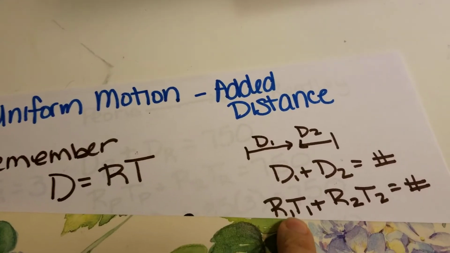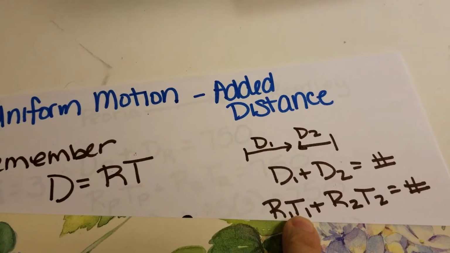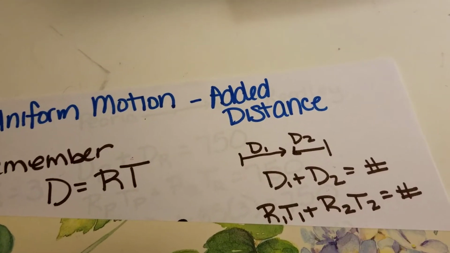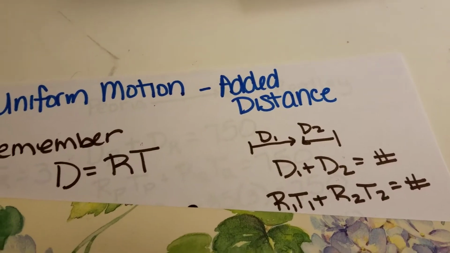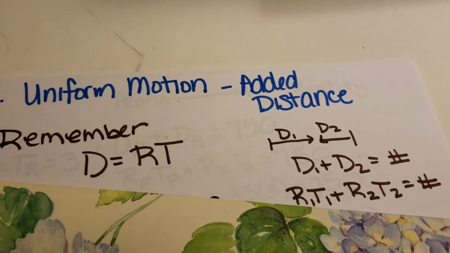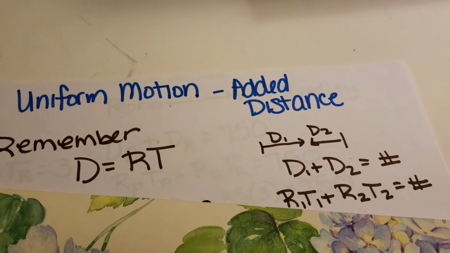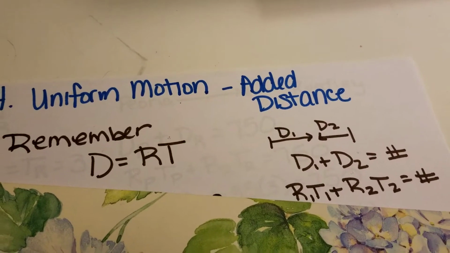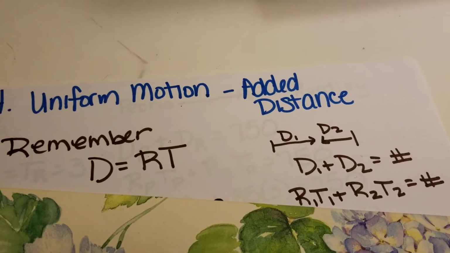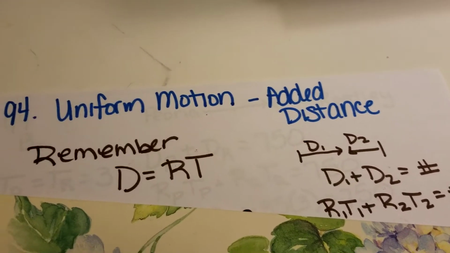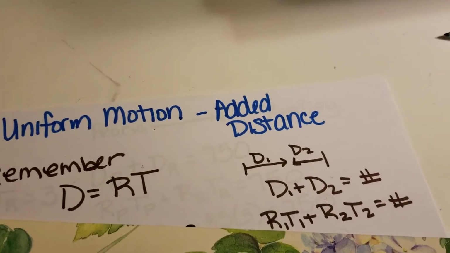And that also means that rate 1 times time 1 plus rate 2 times time 2 equals that same number. Now, as you do these problems in your problem set this week, some are going to be from the first section, some from the second section. So you're going to have to discern which ones are new and which ones are the older practice. That's a bit of difficulty too.